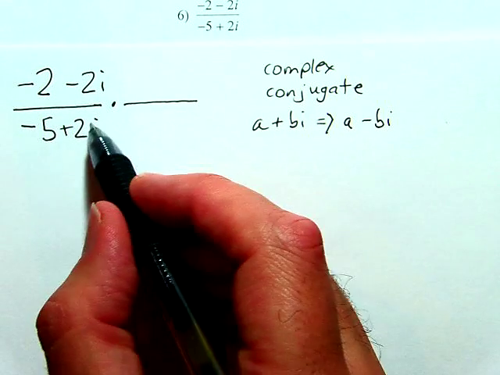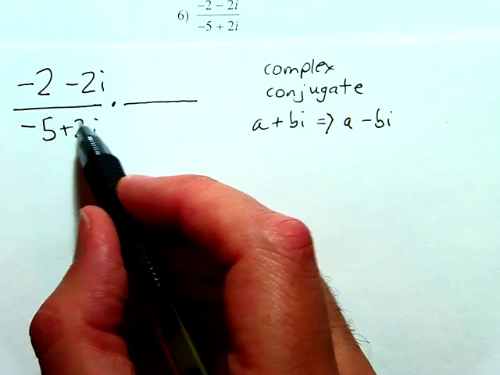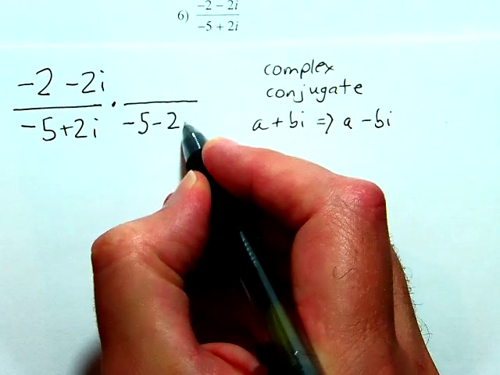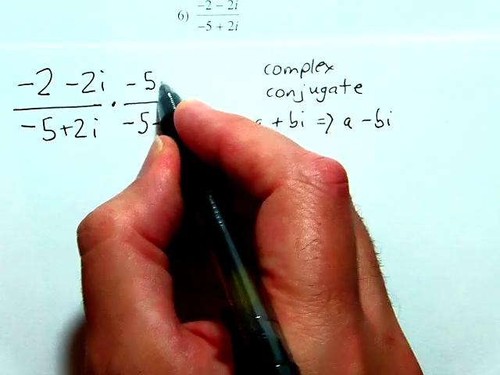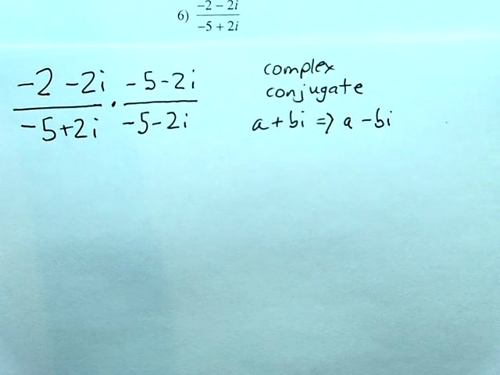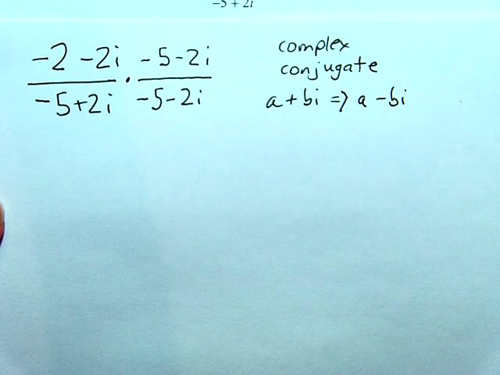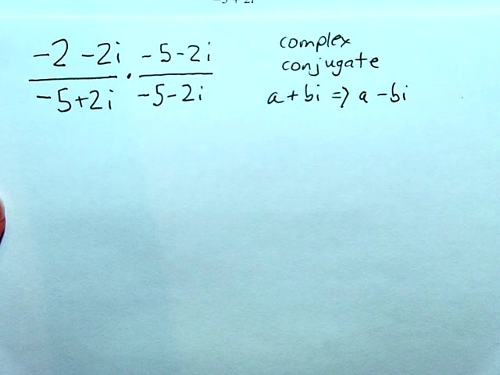So instead of negative 5 plus 2i, our complex conjugate is negative 5 minus 2i. So we need to multiply both numerator and denominator by negative 5 minus 2i. The rest of the solution is simply an exercise in simplifying.